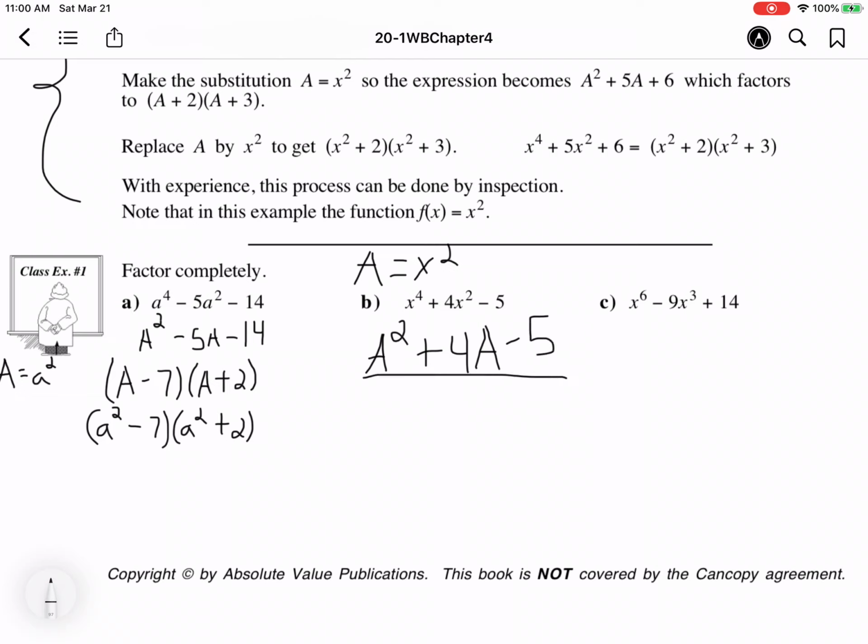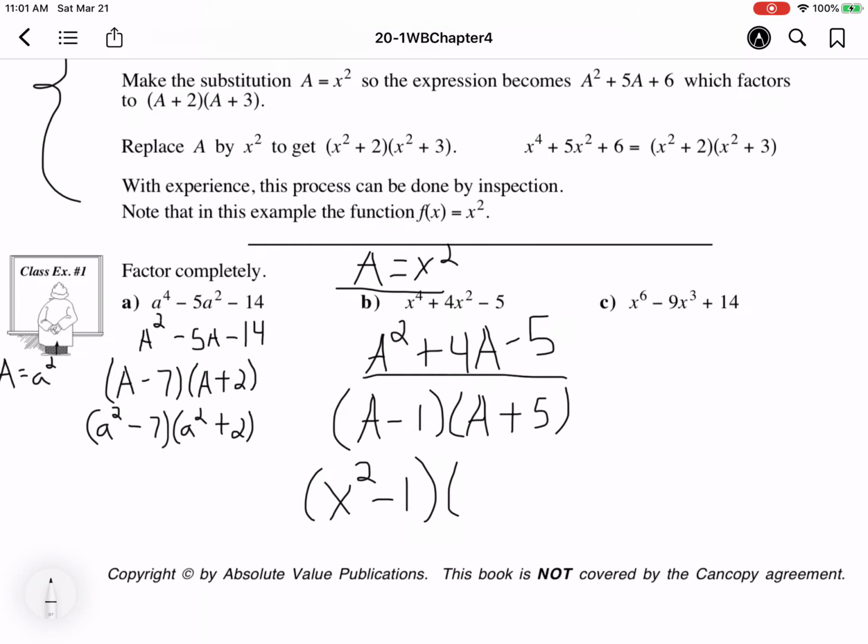Now this looks like what we originally had and how we've learned about decomposition and inspection. By inspection, my numbers are going to be -1 and 5. So this gives me A minus 1 and A plus 5. When we get to the end, we re-substitute our original values. Originally A equals x squared, so our final answer is x squared minus 1 and x squared plus 5.